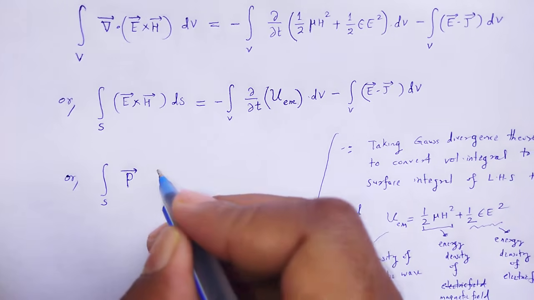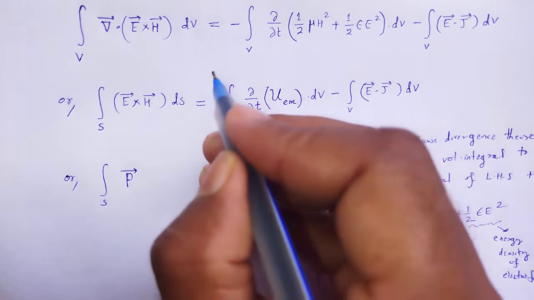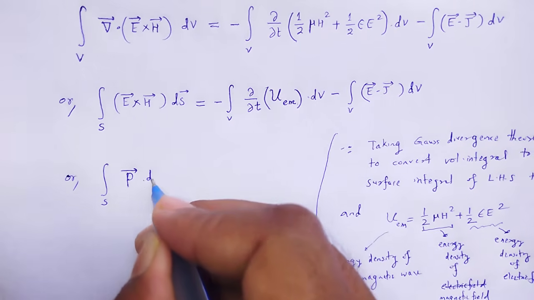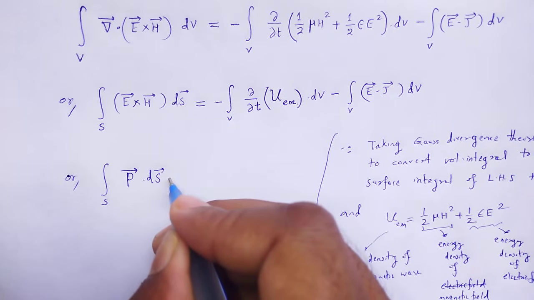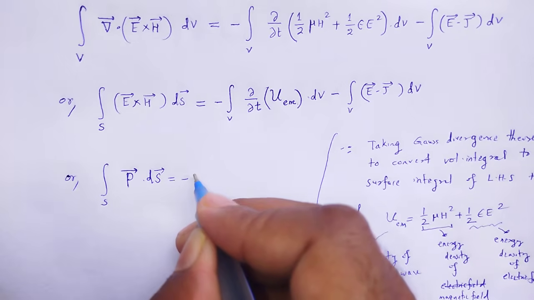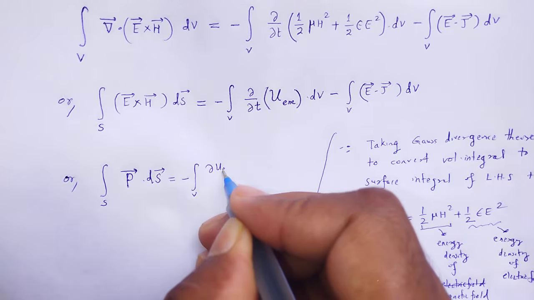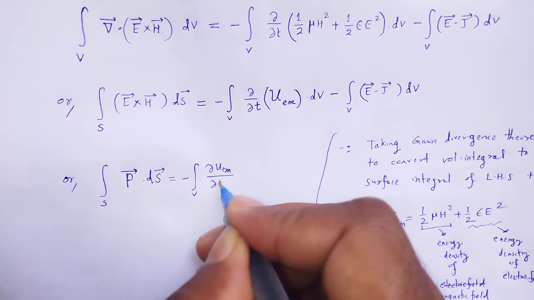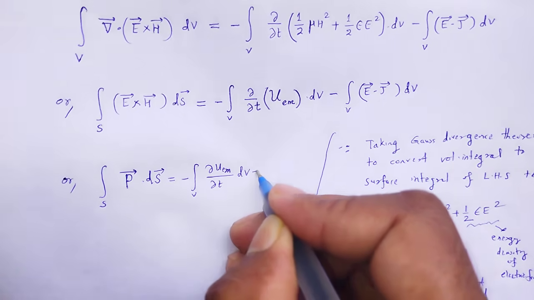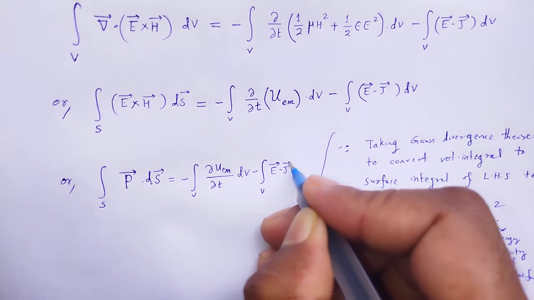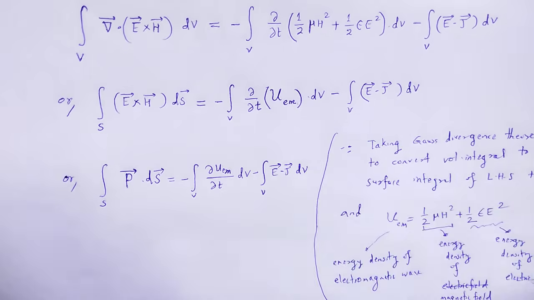So, P vector dS is equal to minus volume integral del UEM del T dV minus V E dot J dV.